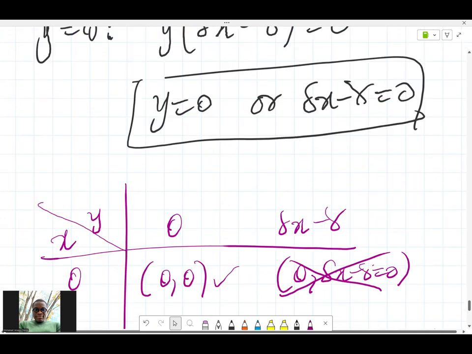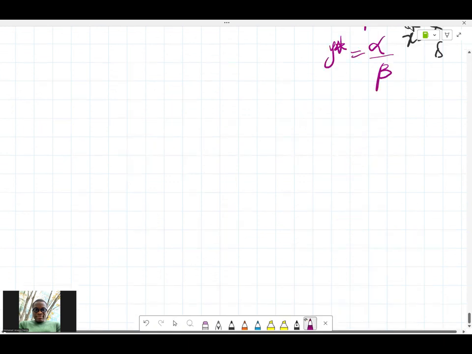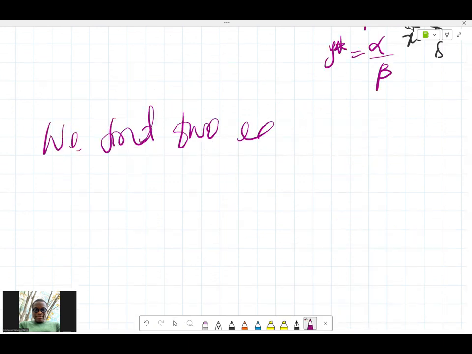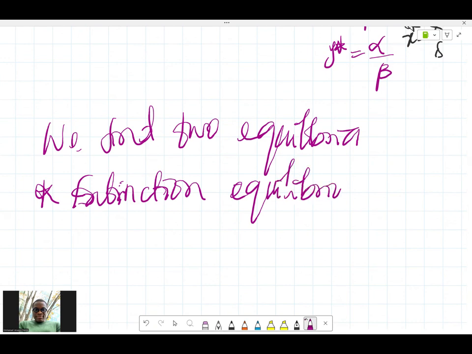So we find two equilibria. The first one is the extinction equilibrium, where both the prey and predator die out. That's the extinction equilibrium, where we have 0, 0.